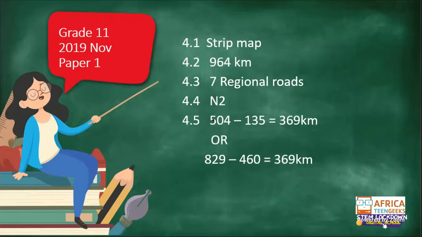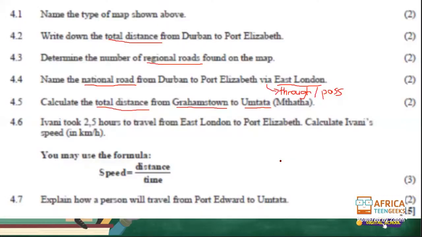If you're subtracting 544 and 135, you get 369. Or you can use 829 less 460, the answer is the same. I think most of you got the answer correct. If it was incorrect, maybe there was a mistake somewhere, but I think you understand what is happening.